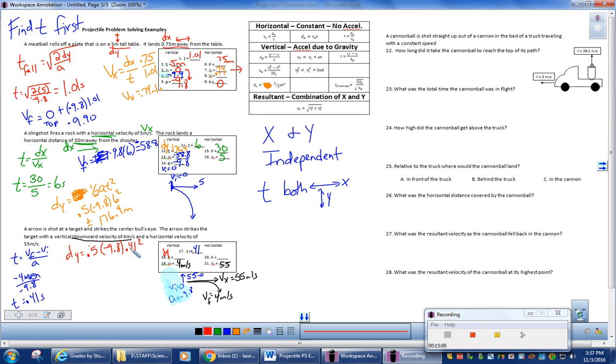A little bit of calculator work. Take a second, try it out. Should come out as 0.82.